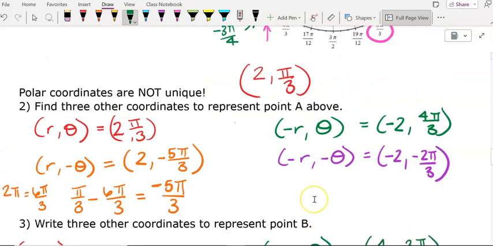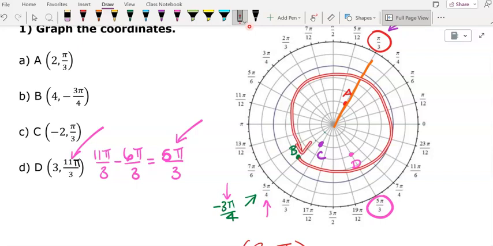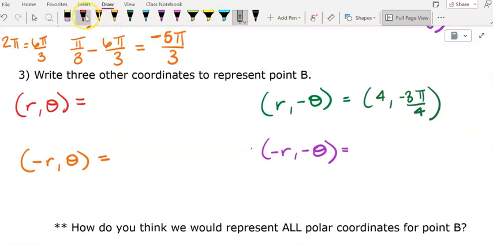And again, it's really helpful to have a visual here. So if I'm right here at B, all I want to do is take this angle, and it's negative, so I'm going to go the other way around, a full circle. That's 2 pi, and that's going to get me my positive value, which would be right here at 5 pi over 4, okay? That one right here would be at 4 and 5 pi over 4, okay?